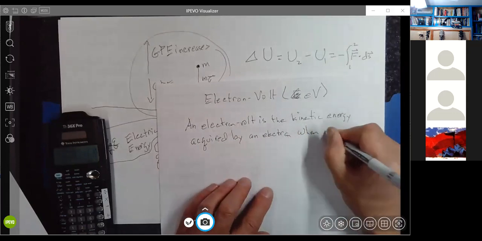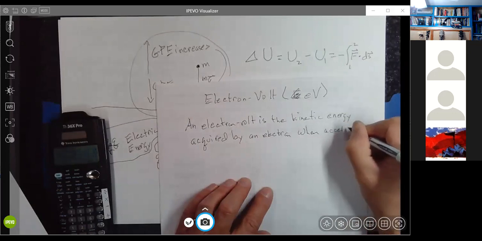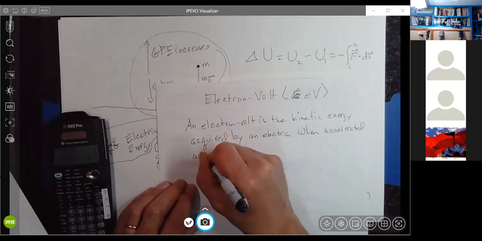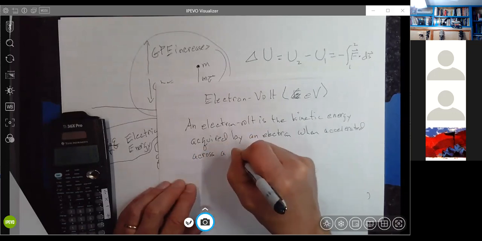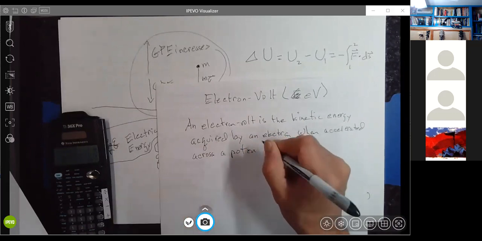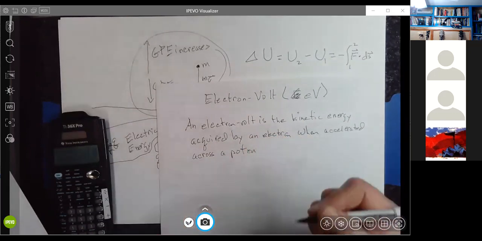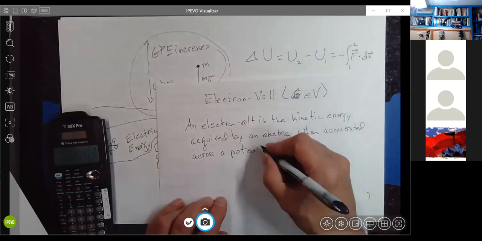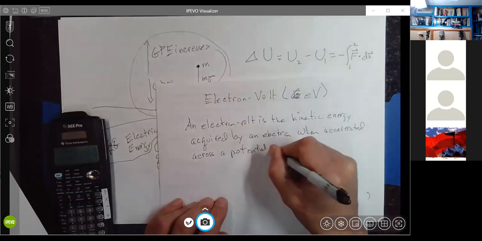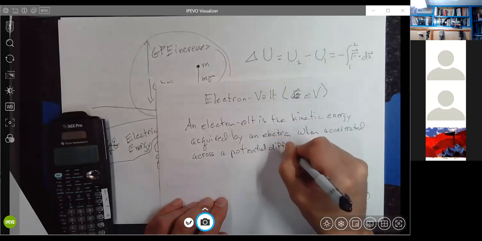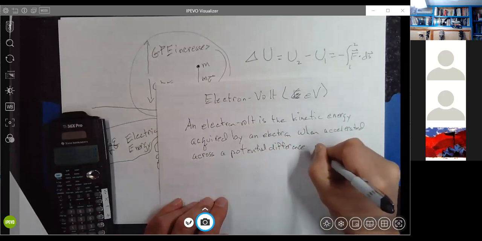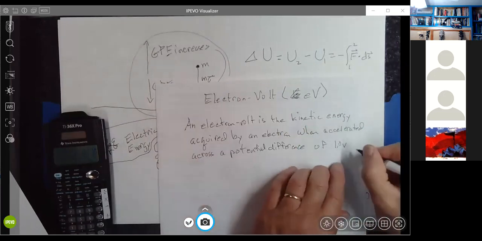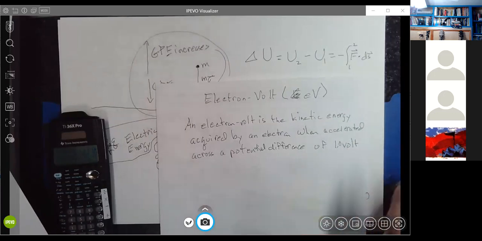When accelerated across a potential difference. Now, when we say potential here, we just mean electric potential. And a potential difference just means a difference in electric potential. Of 1 volt, and it'd be 1.000 volts. It's just defined to be this.